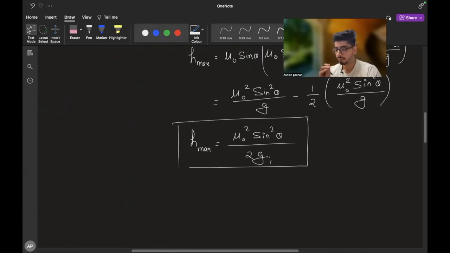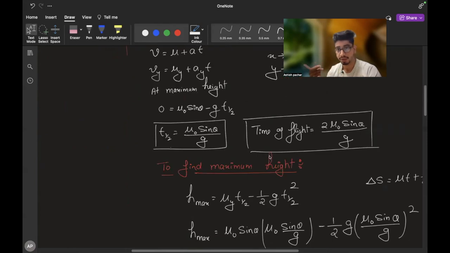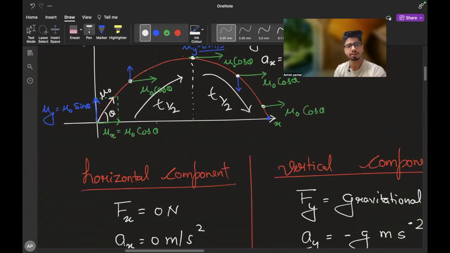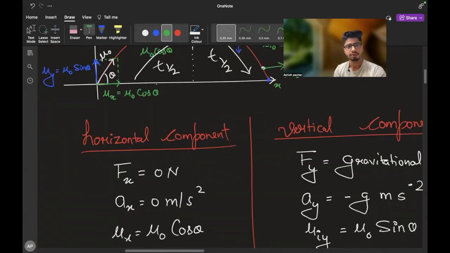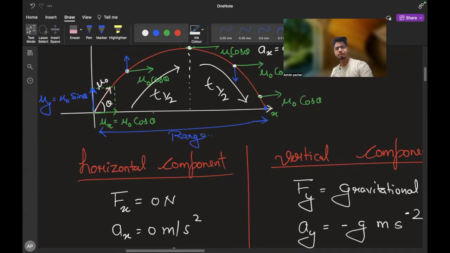And one more question they generally form is to find the range of the projectile that we have. Range is the horizontal displacement. So basically, this distance is what we call the range. So how far it is going to fall down, the range.